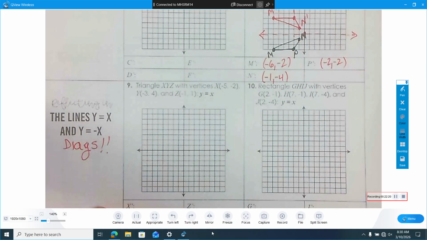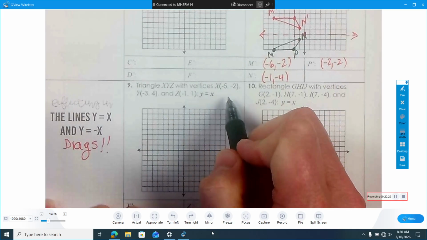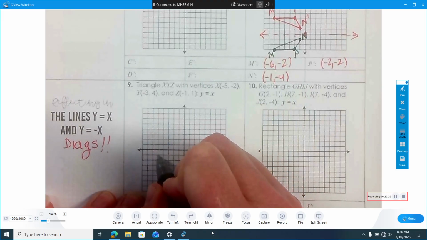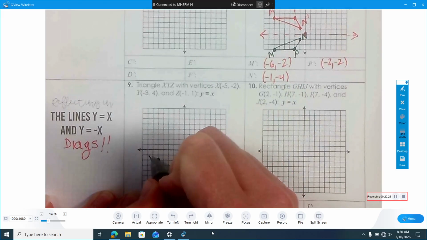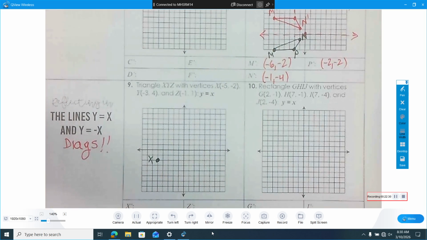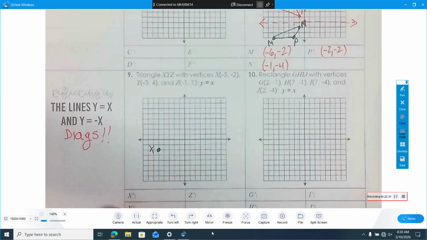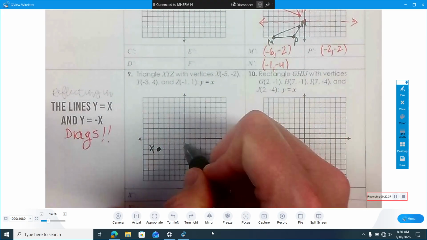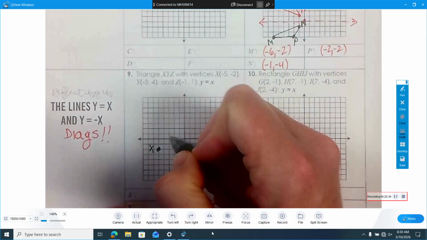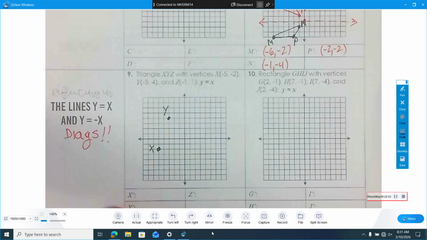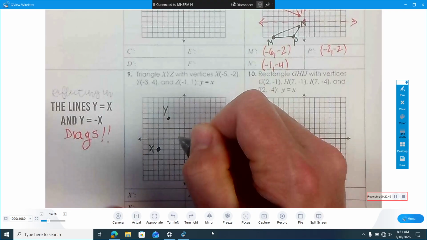So we're going to go ahead and graph our little triangle XYZ here. X is at -5, -2. Y is at -3, 4. And Z is at -1, 1.